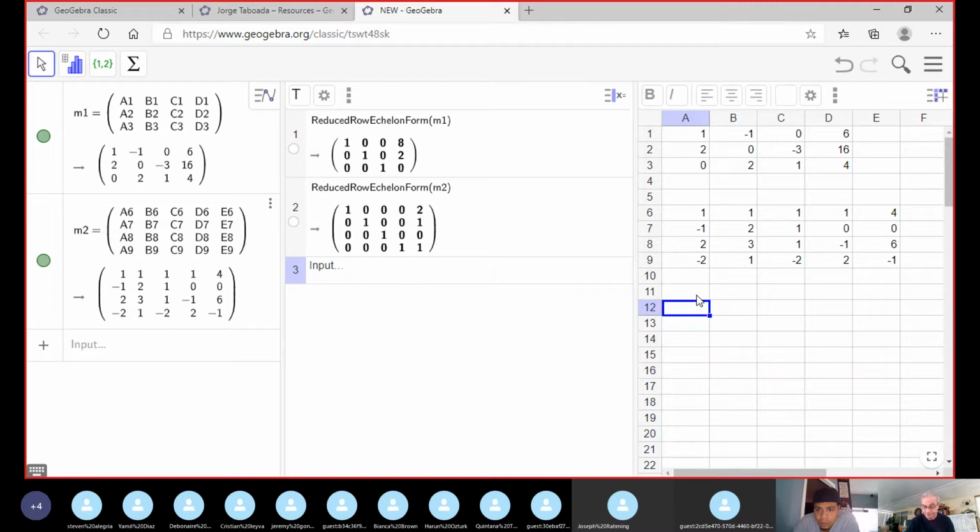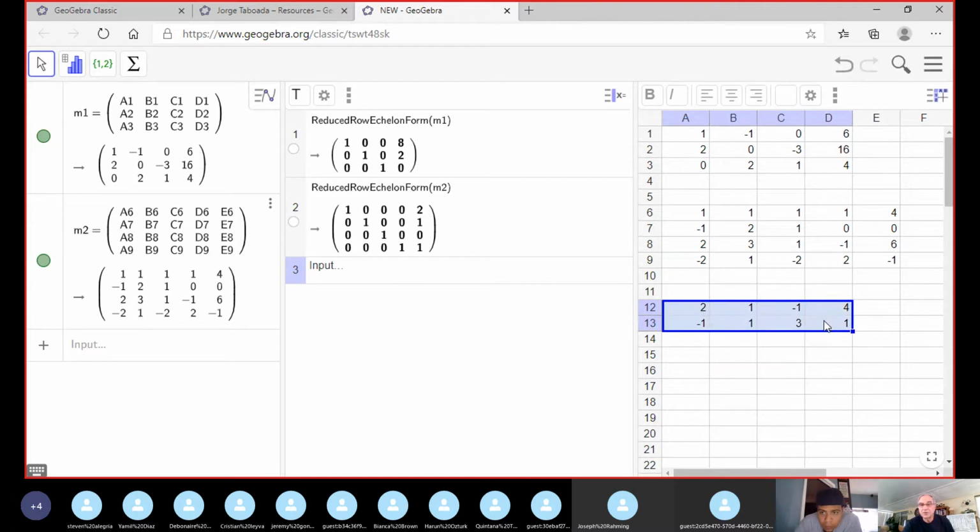S2, 1, 2, 1, 2, 1, negative 1, 4. This is my first equation. My second equation is negative 1, 1, 3, and 1. Okay, there you go. This is my system. Two equations, just two equations.